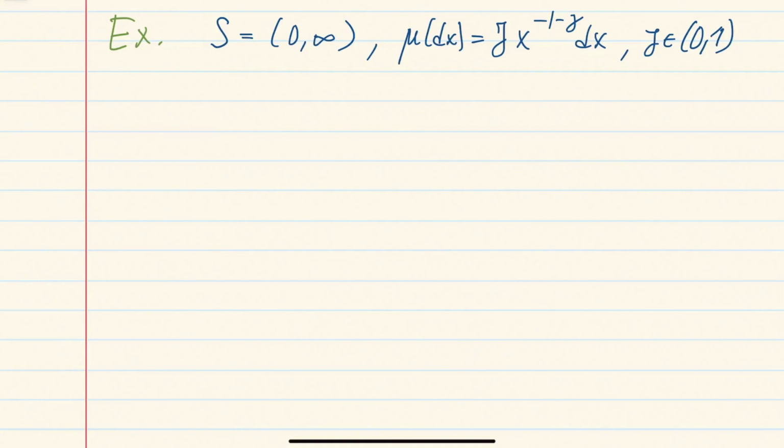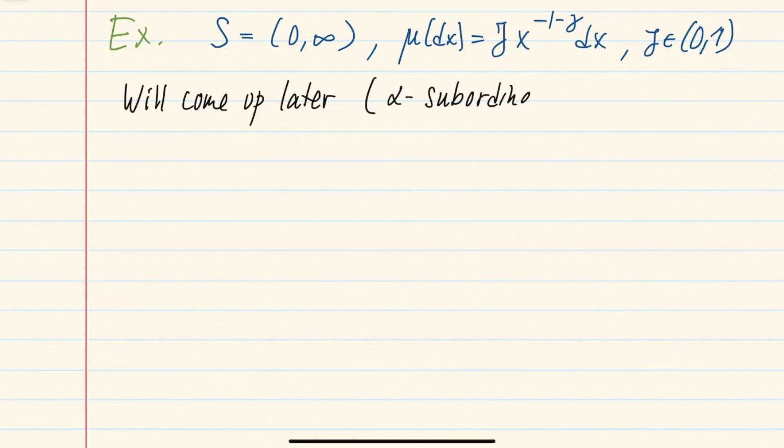Okay, this particular process will come up later in this chapter when we talk about the so-called alpha subordinators. And in some sense, the great importance of this particular family of Poisson processes comes from a special homogeneity in the marking property of this process. So this is left to the exercises, so see marking property in the exercises.